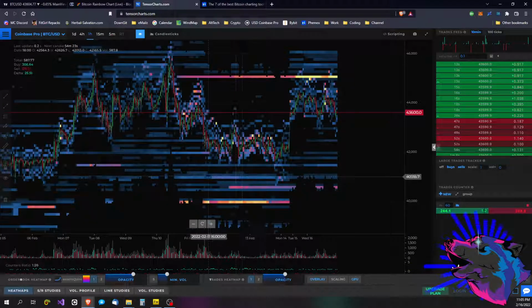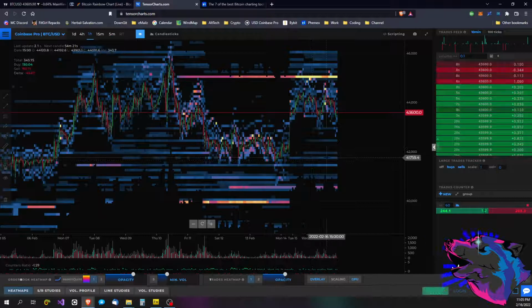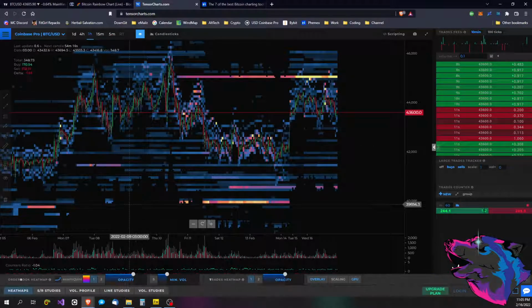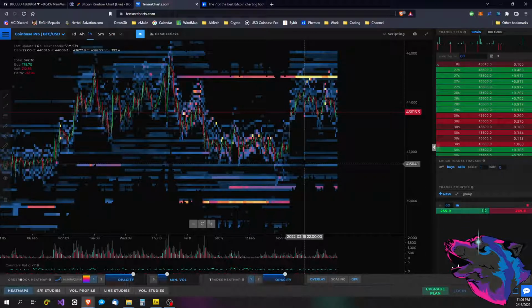And again, you can see some fairly defined levels in here. I don't know what kind of resolution we're getting on here. These blocks are relatively big, but you can see like 40.5. Yeah, call it 41K, 41.5.